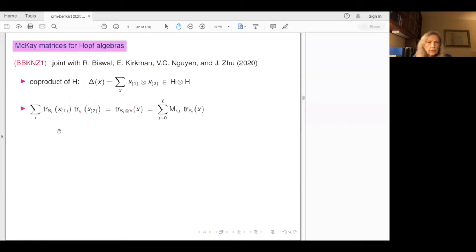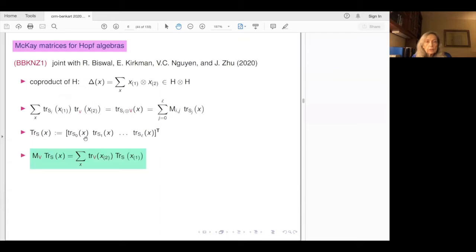Now, this equation uses the traces on the simple modules. So I'm going to put those into a vector. This is really a column vector, just trying to save space. And rewrite the equation above.